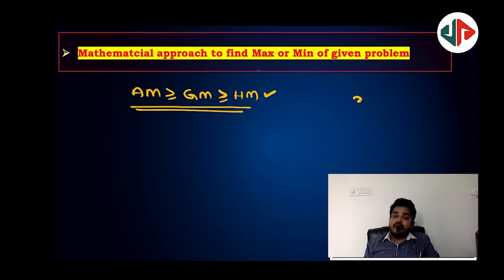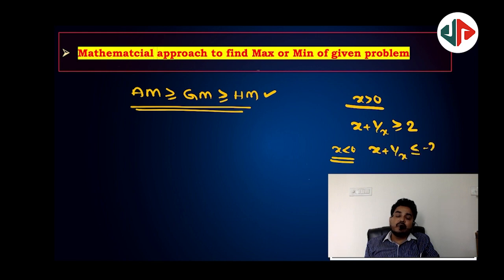So that's why, if x is greater than 0, x plus 1 by x is always greater than or equal to 2. If x is less than 0, x plus 1 by x is always less than or equal to minus 2. So most of the cases we use this also.